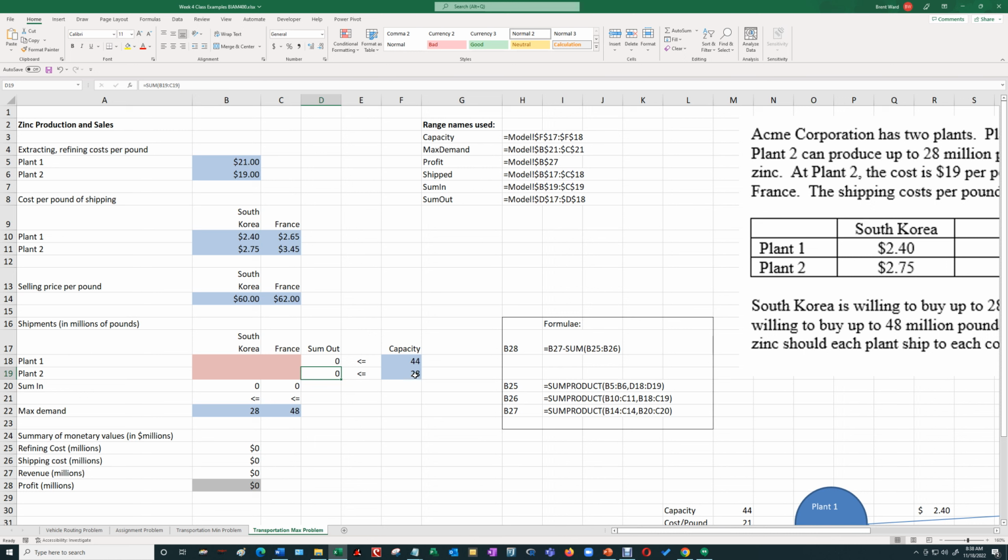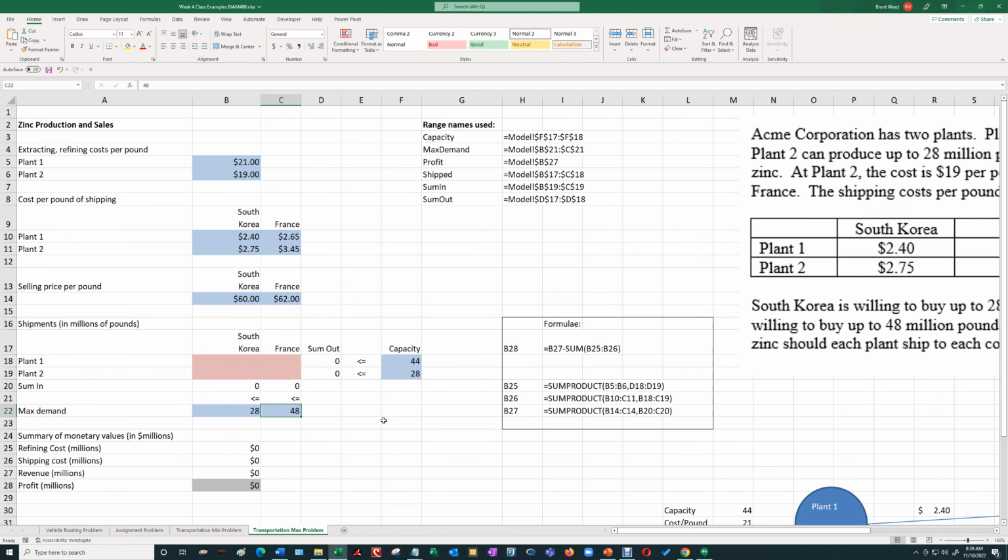The capacities taken from the problem are listed to the right. The sum that comes out of each plant must be less than or equal to its capacity. And then the sum of this column must be less than or equal to the maximum demand, and the sum of this column, which is given right here, must be less than or equal to the maximum demand for France. All those values in blue here are taken from the problem that we just did.